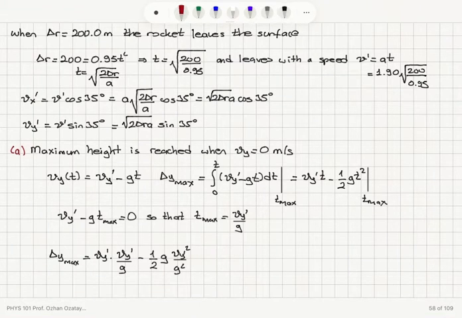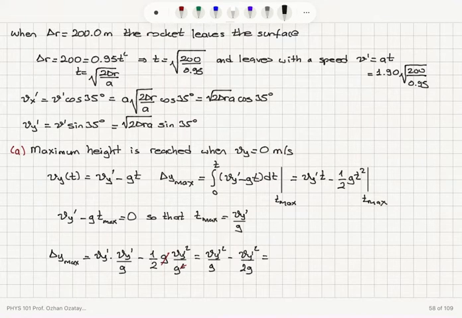So as you can see, one of the g's will cancel here, and this is going to give me Vy prime squared over g minus Vy prime squared over 2g.